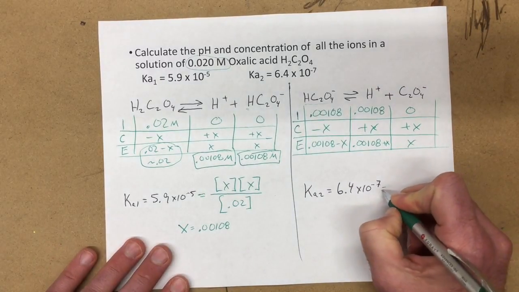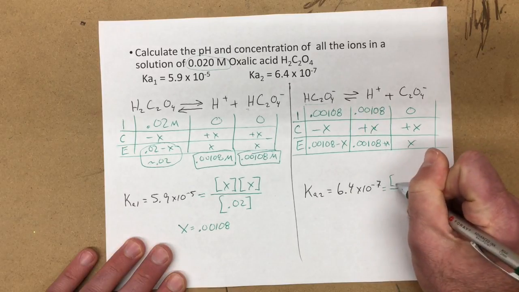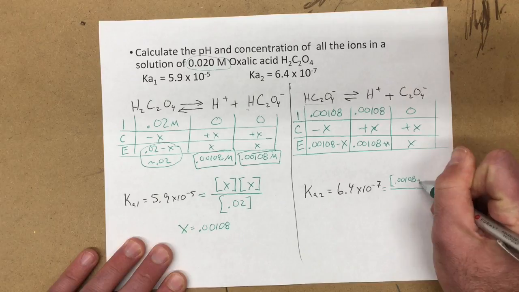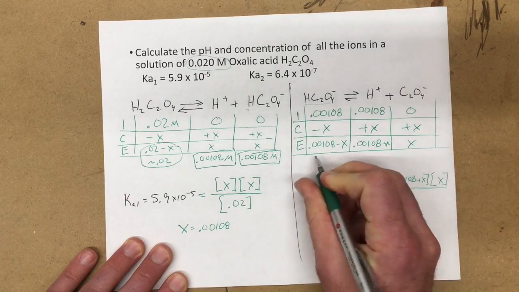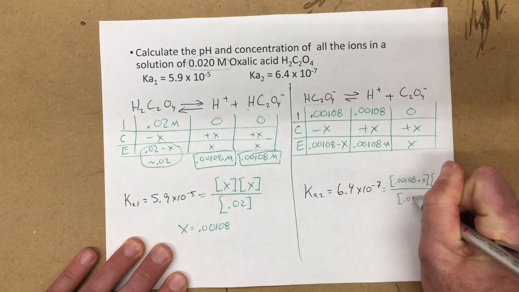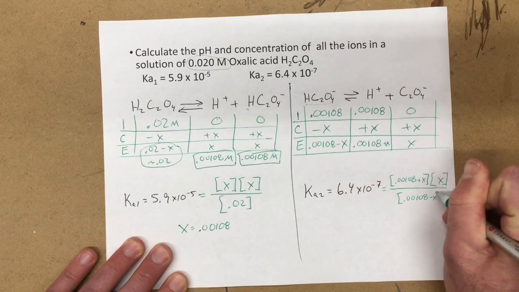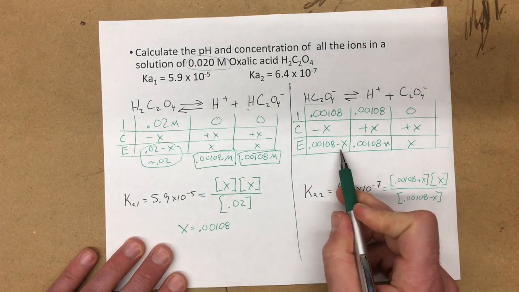All right, so in our equilibrium expression, we have on top 0.00108 plus x times x, and on the bottom 0.00108 minus x.